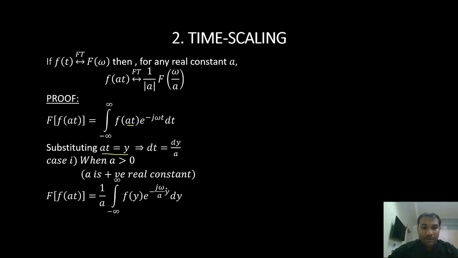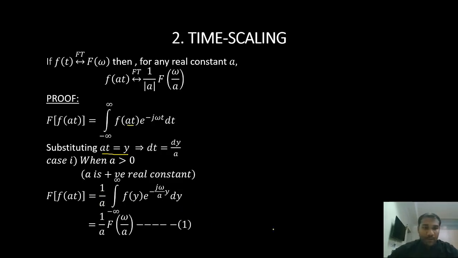So in place of t, y divided by a, and in place of dt I have dy by a. Since a is a constant, I get it outside the integral, that is 1 by a.